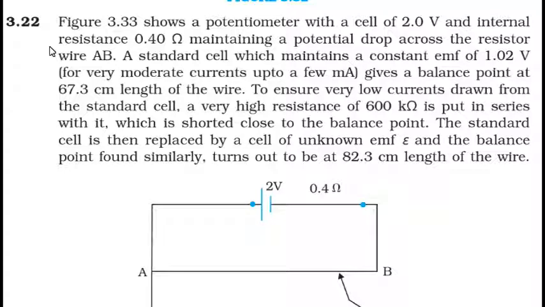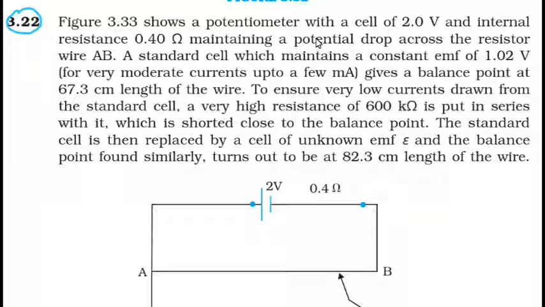Now let us see problem number 3.22. Figure 3.33 shows a potentiometer with a cell of 2 volt and internal resistance 0.4 ohm, maintaining a potential drop across the resistor wire AB.